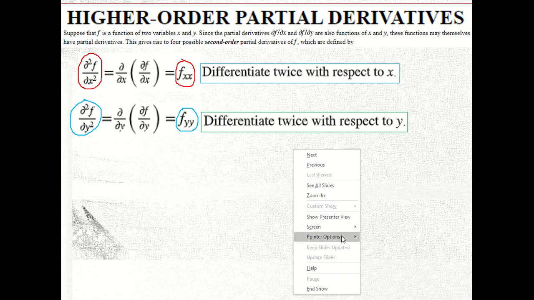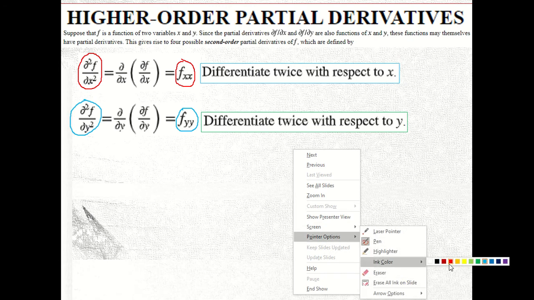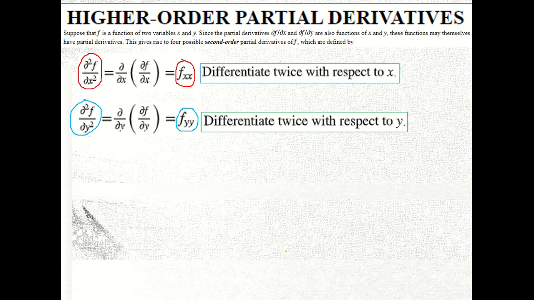And the other one is the partial derivative of the function with respect to x and then with respect to y. In other words, first we take the partial derivative of the function with respect to x, then after that we take the partial derivative of the resulting function with respect to y.